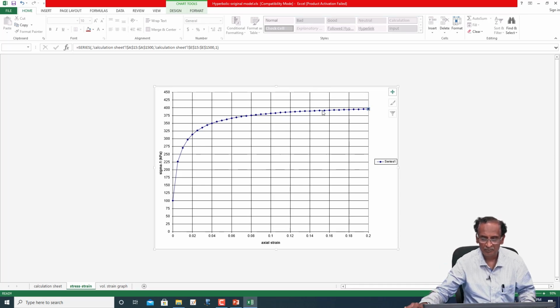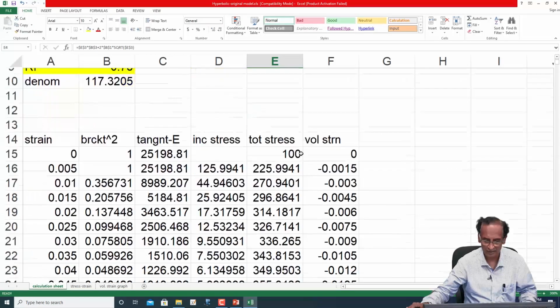It is beyond our limit, like 385. And let me see where we reached 334. I think at about maybe 3% strain. Let me go back to the calculation sheet.